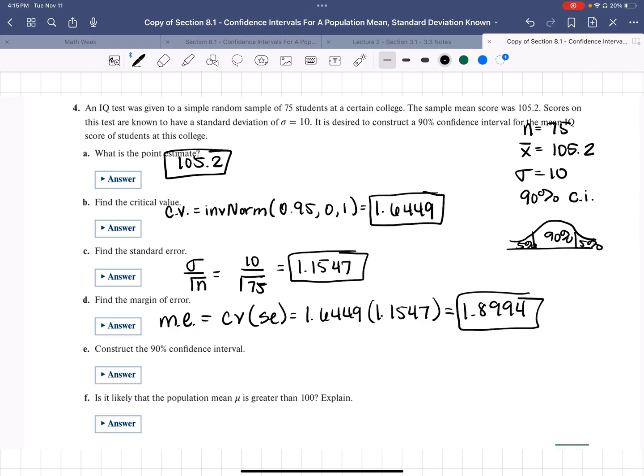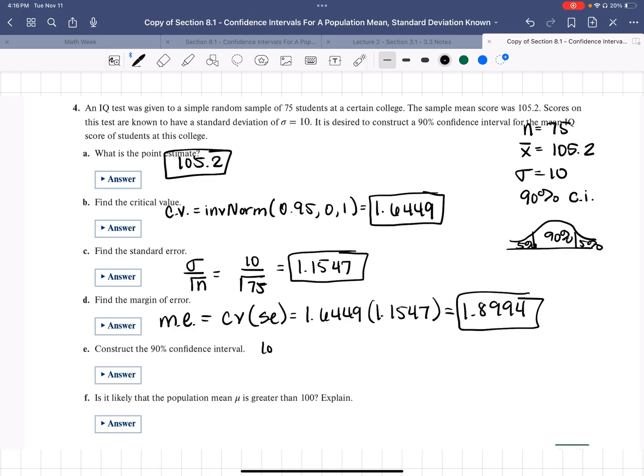Now we need to construct the 90% confidence interval. Okay, so what that means is you take that average, that mean, 105.2, and using your margin of error, you tell me what that lower bound and that upper bound is. And that determines that 90% confidence interval. You've got to find those bound points. Well, you take the margin of error and you add and subtract from 105.2.